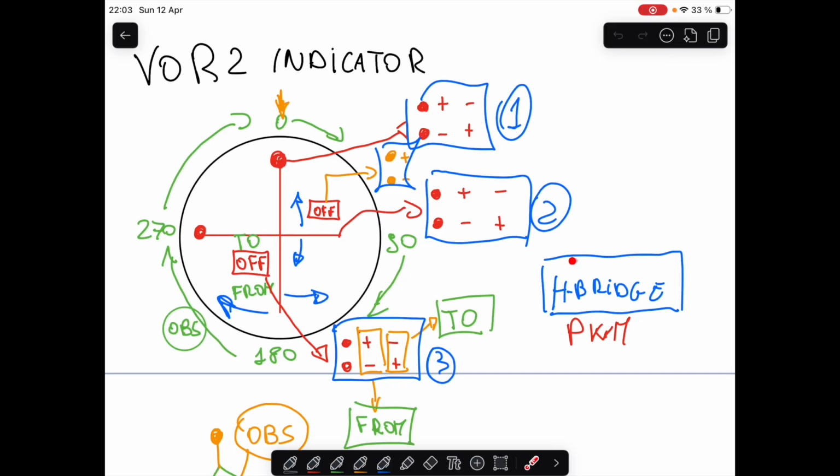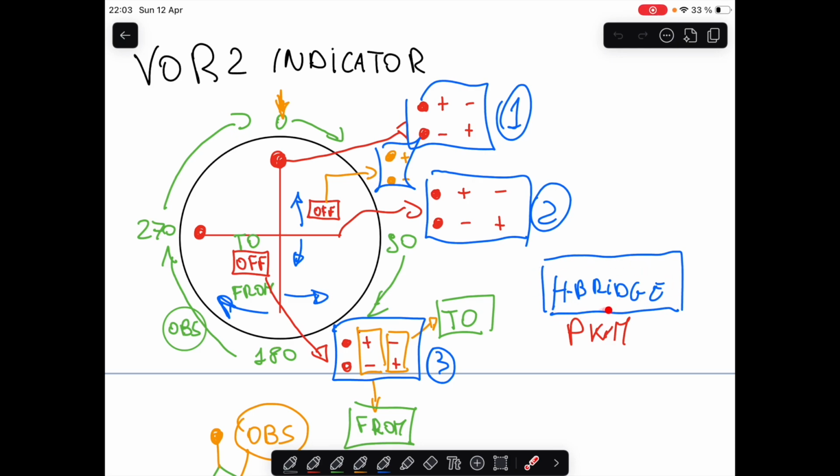In order to interface this, I used simple Arduino PWM signal generation, but it was a bit particular because, as you can see here, we need to have polarity inversion, so plus minus or minus plus, and in order to do that, I thought I could use an H bridge.